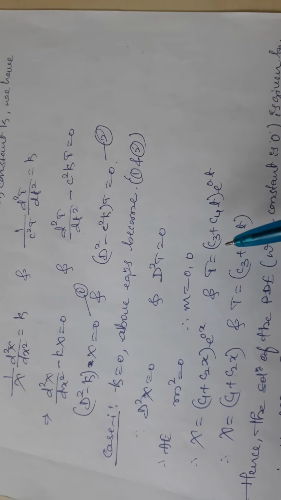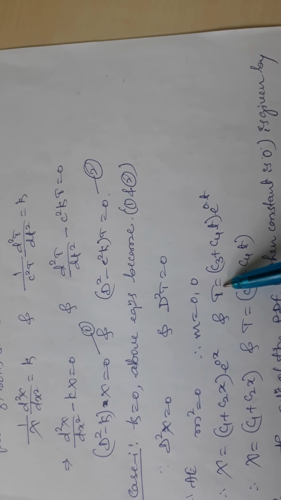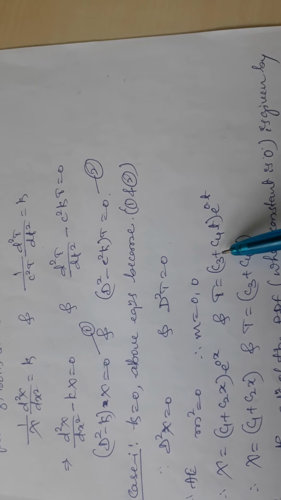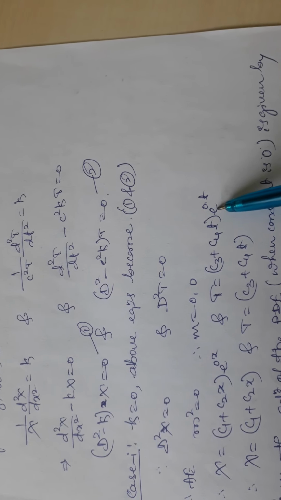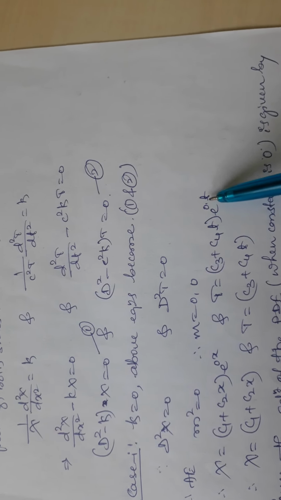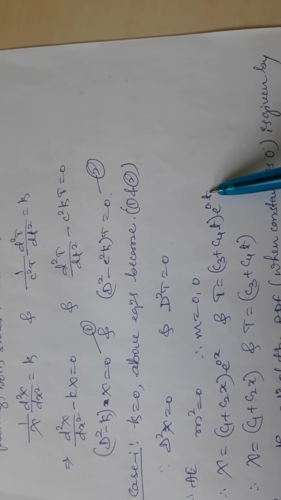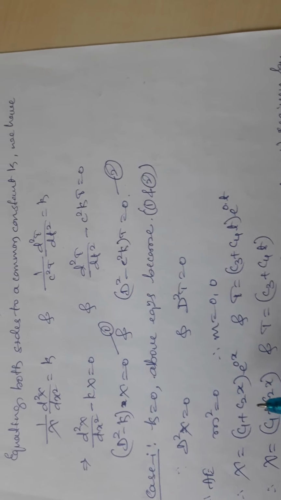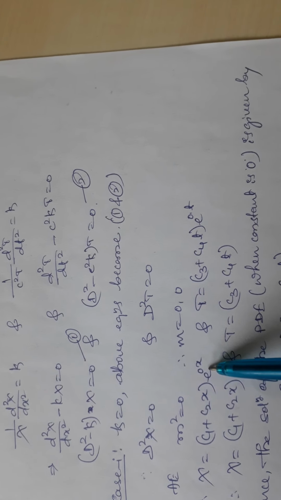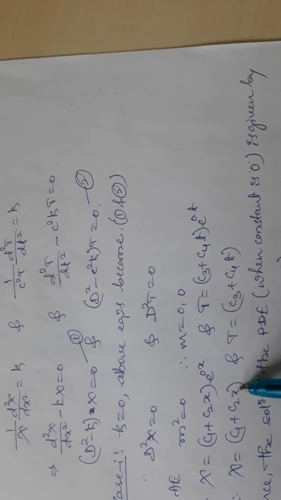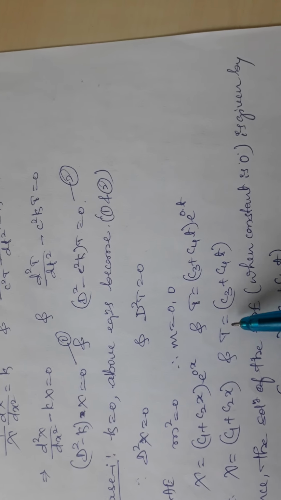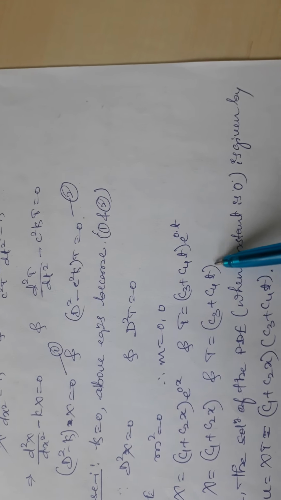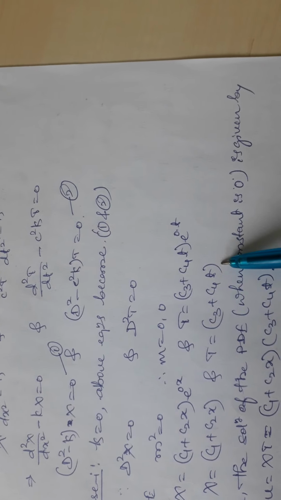And the second equation, in terms of t, taking other constants, T = (c3 + c4 t) e^(0·t). Since e to the power 0 is 1, X = c1 + c2 x and T = c3 + c4 t.